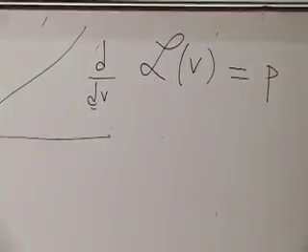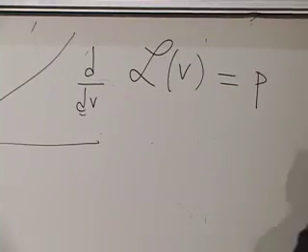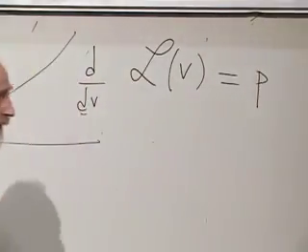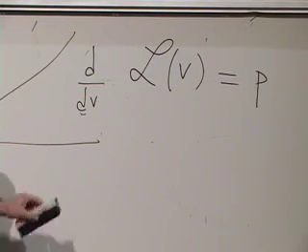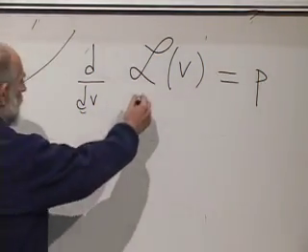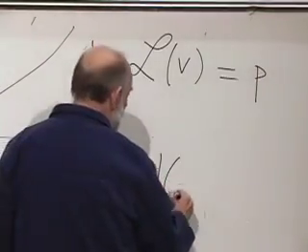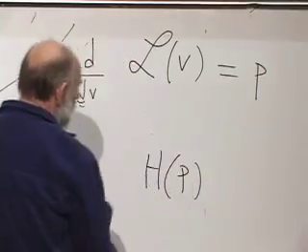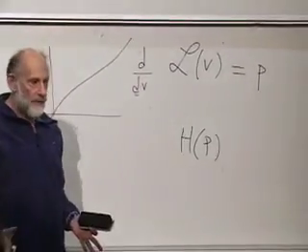We're going to find that, given L, we can construct a symmetrically related function that we're going to call H. H is to be regarded as a function of p. When we think about L, we will think about v as the independent variable.